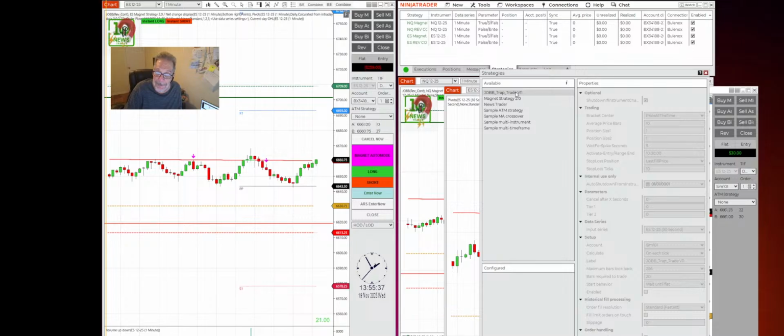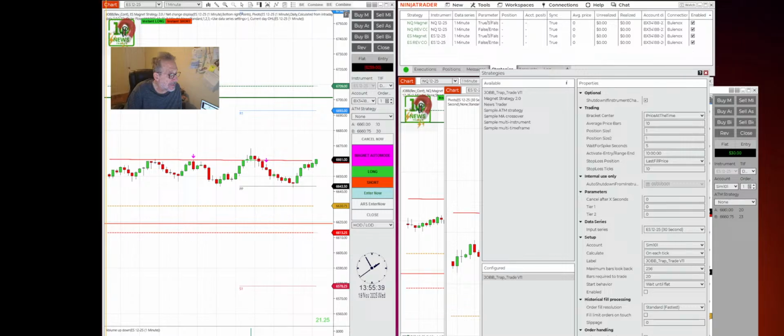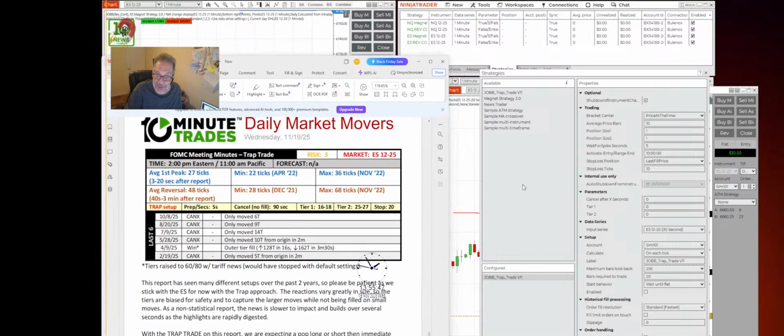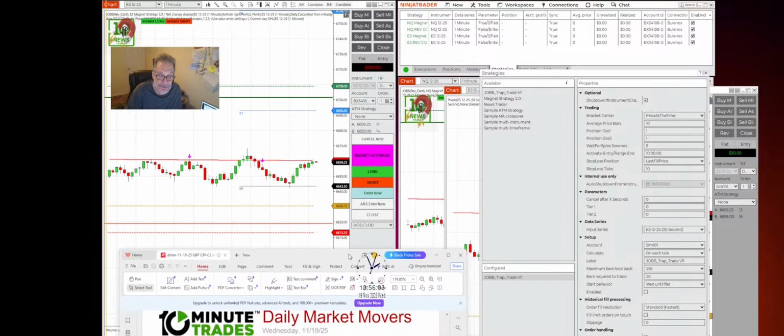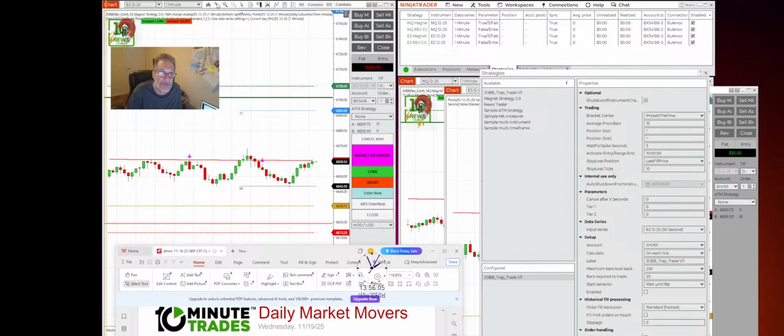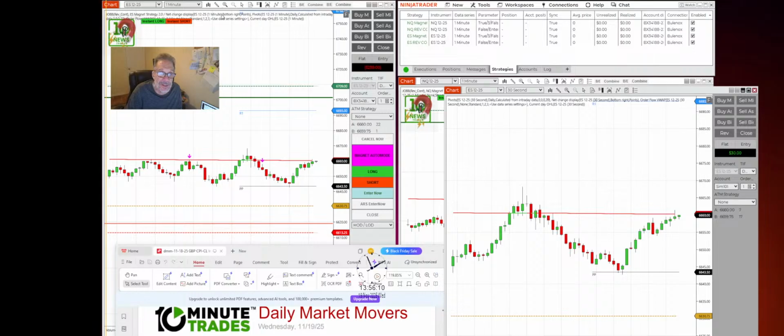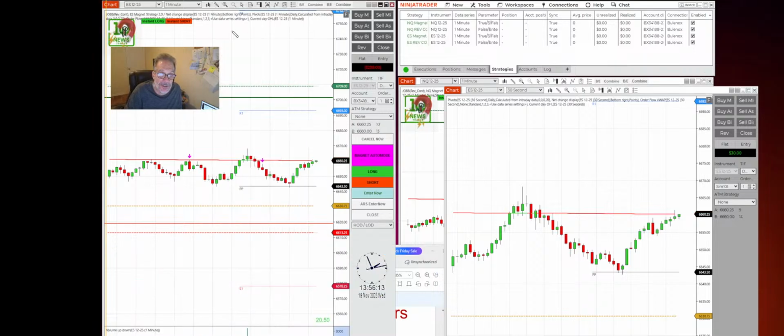Trap trade. Now, the setup, I'm going to actually trade it because I've lost my mind, but I'm going to make the tiers. I'm just trying to think, do I want to trade it as is, or do I want to make the tiers bigger?